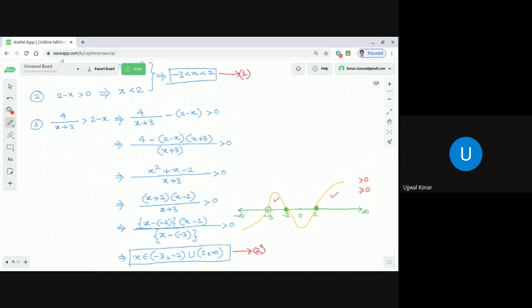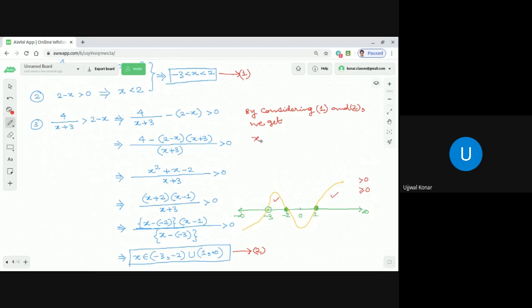So if you bring these together, by considering 1 and 2, what we get is that minus 3 less than x less than minus 2, union 1 less than x less than 2.